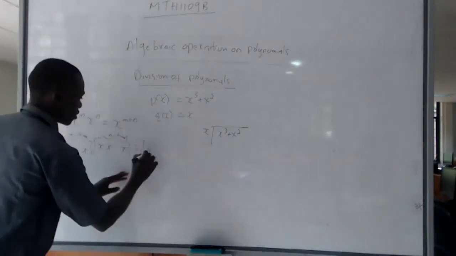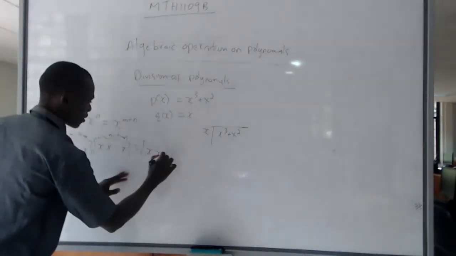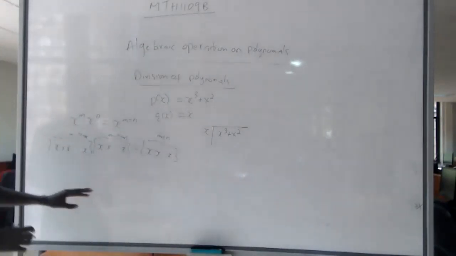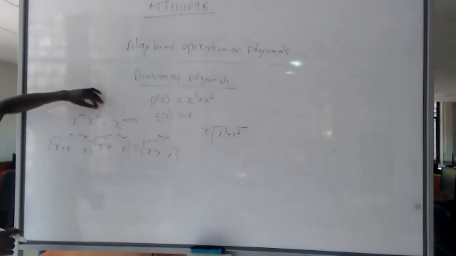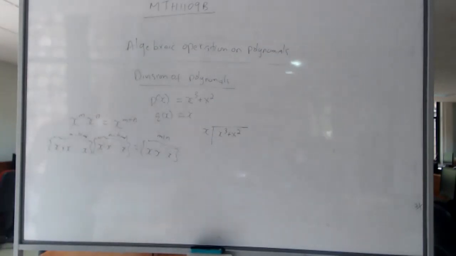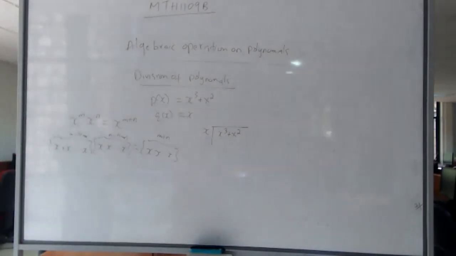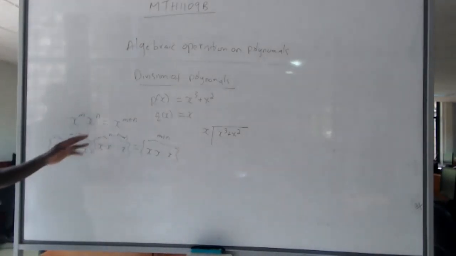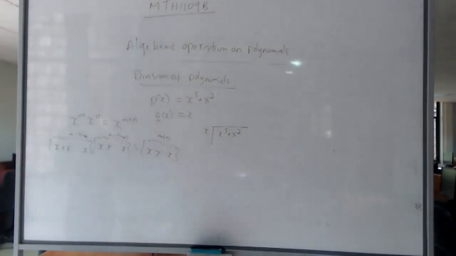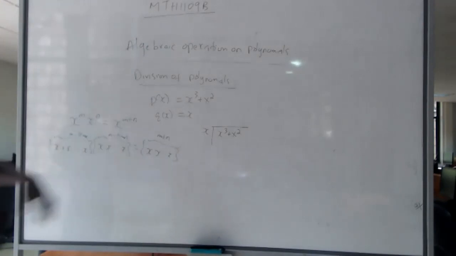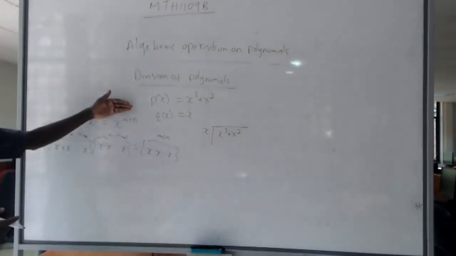In total, you'll have x listed m plus n times. That is why x to the m times x to the n is x to the m plus n. This is the intuition, but there's a formal way to prove this. Using the definition that x to the m is simply x multiplied by itself m times, and x to the n is x multiplied by itself n times, taking the product of these two is like multiplying x by itself m plus n times.